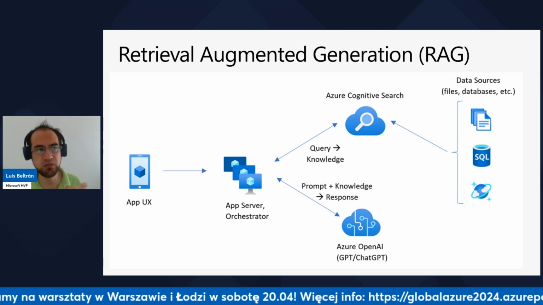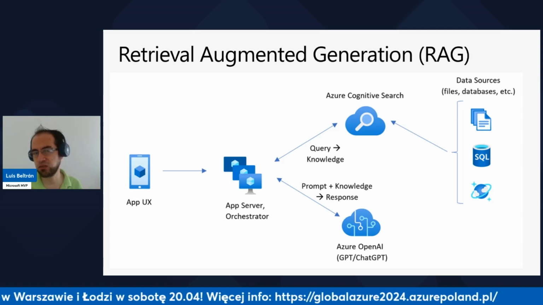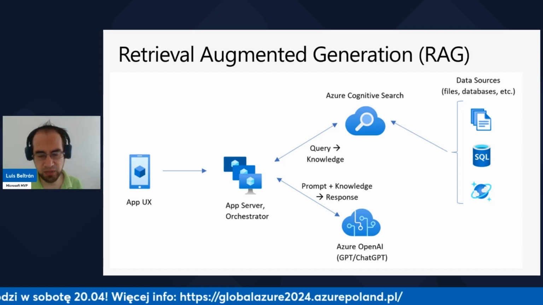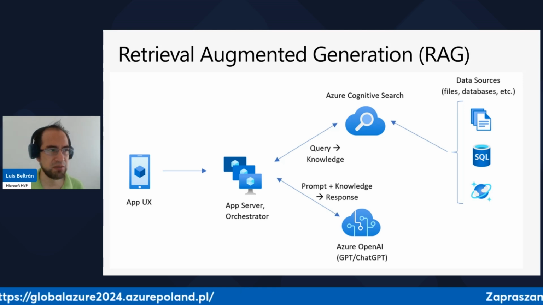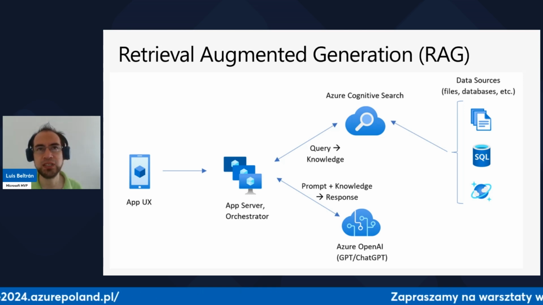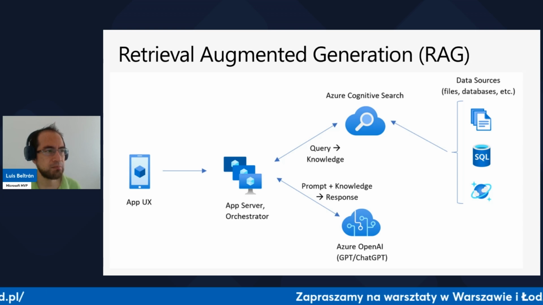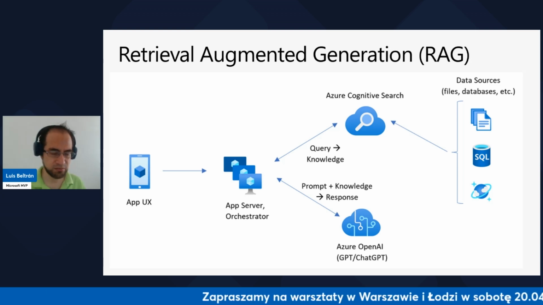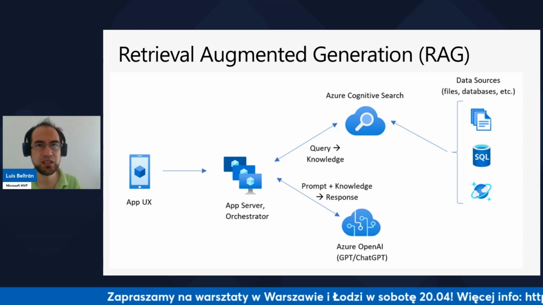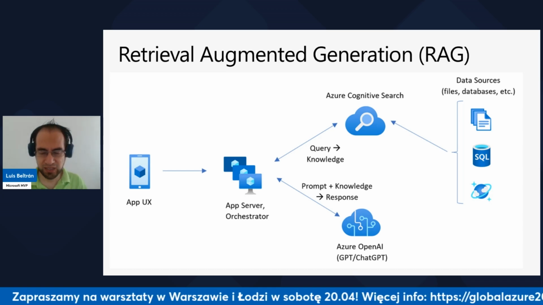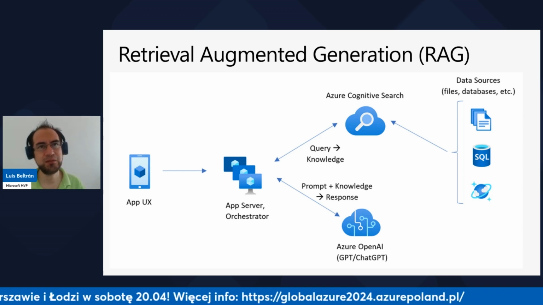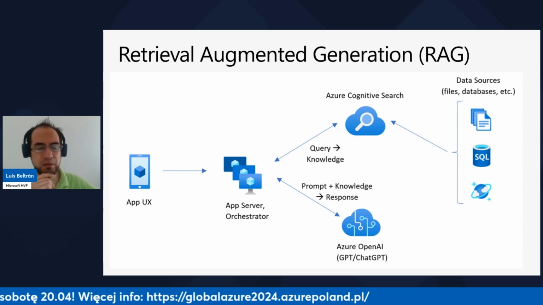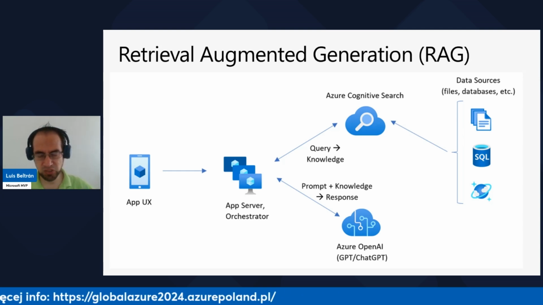Maybe we have some information in blob storage or in a Cosmos DB database or an SQL database, right? Probably you have heard about AI Search. That's a powerful service that can get the relevant information based on a user's query.